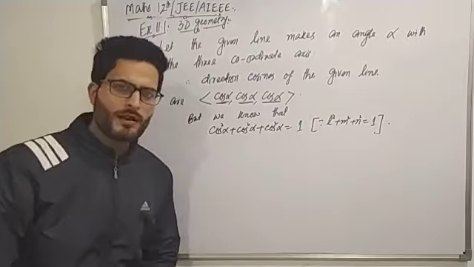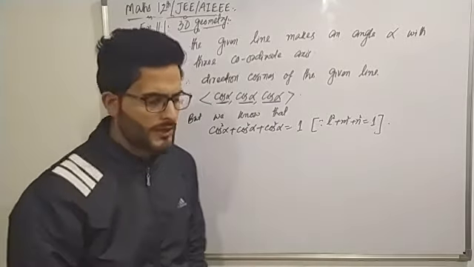The sum of squares of direction cosinus of a vector is always equal to 1.